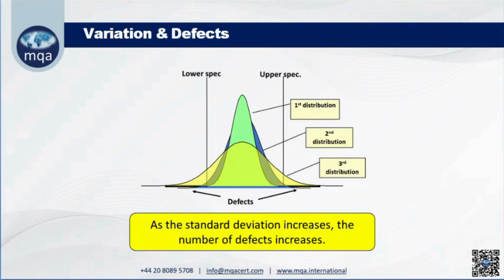So as the deviation increases, the possibility of defects will also increase between the limits, and the curve becomes more flat. So we have to make the curve very, very straight, vertical, not make it flat. Otherwise the possibility of going outside the limits will keep on increasing. That is what Six Sigma is all about.